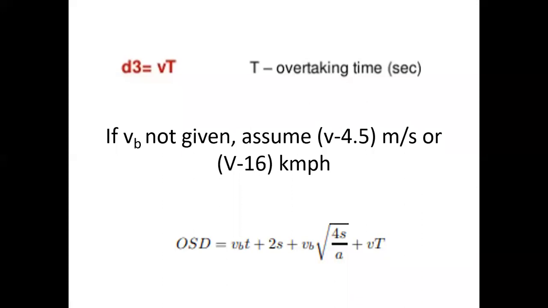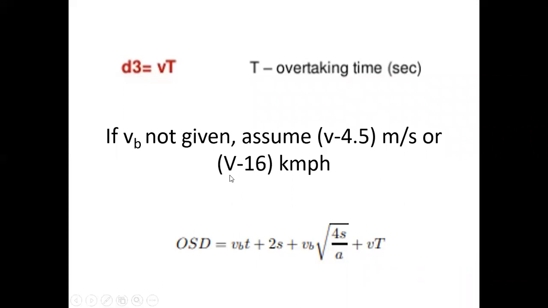For SSD, I mean stopping sight distance, as well as for overtaking sight distance, there are two formulas. One formula will be in meter per second when speed is in meter per second, the other will be in kilometer per hour. As I told, strictly follow any one of the formulas, that will be fine. Study any one formula, either in kilometer per hour or meter per second.